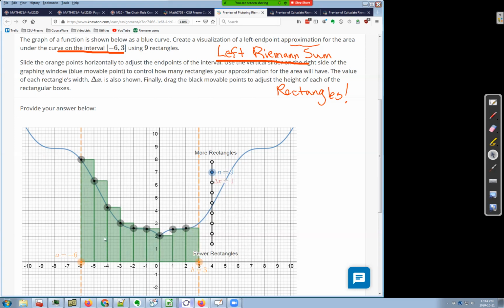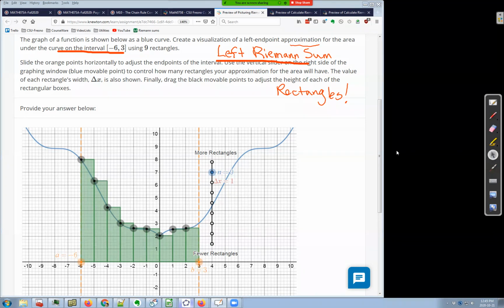And now I have a visualization for the left-hand Riemann sum that estimates the area under the function between -6 and 3 using 9 rectangles.